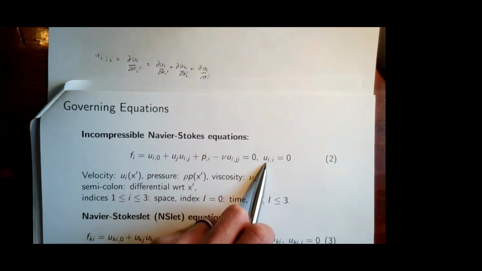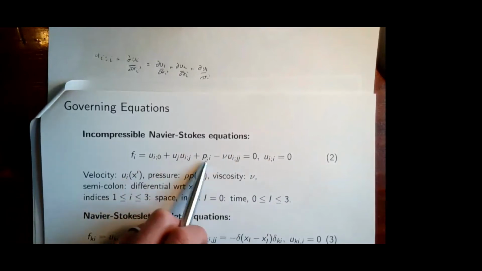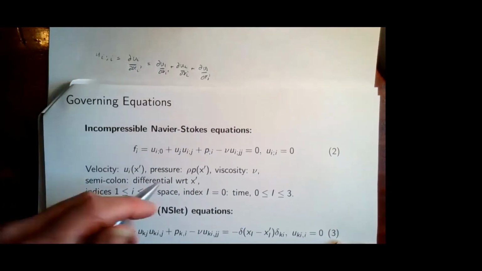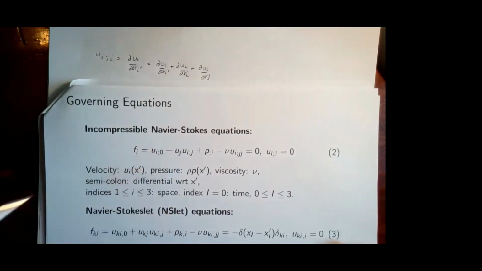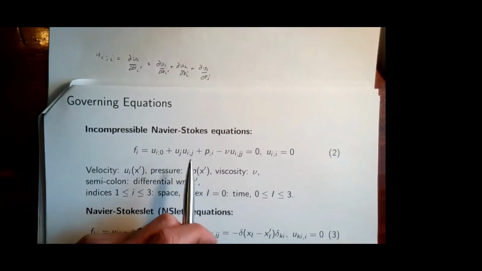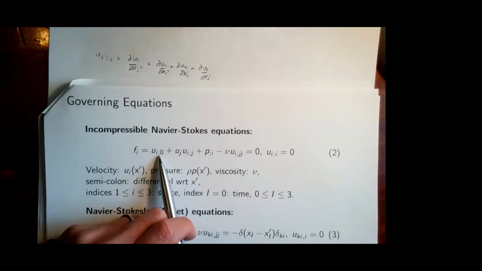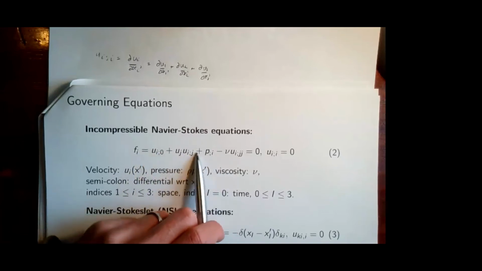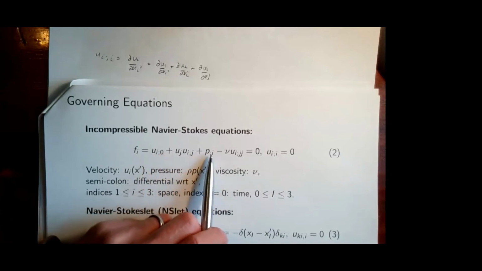So the Navier-Stokes equations are paired. We've got the continuity equation, and then this is the force equation. So all these are the forces per unit volume that are going on in the fluid. Okay, so these first two are because of the velocity of the fluid, the change in momentum as the fluid moves. So the first one is an acceleration. Strictly speaking, there should be a rho in front of these, of course, for density, because it's force per unit volume, but I've divided by rho, and I've absorbed it into the pressure here.